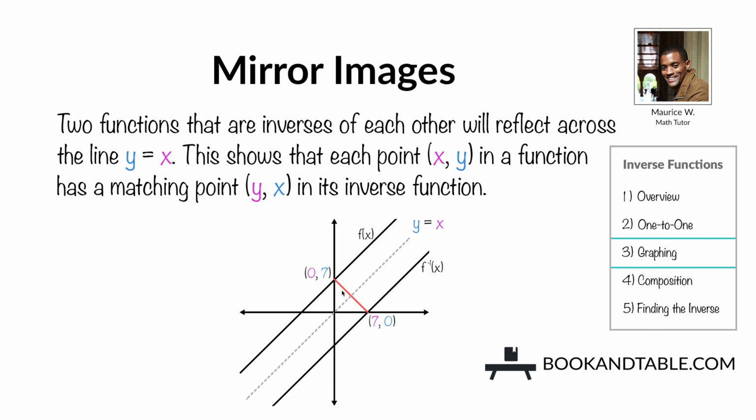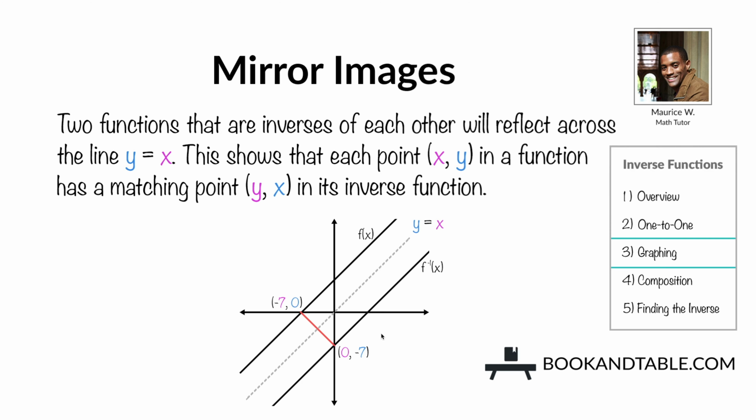That means the inverse function will have the point (7, 0). So we take the original x coordinate and make it the new y coordinate for the inverse function, and we take the original y coordinate and make it the x coordinate in the inverse function.